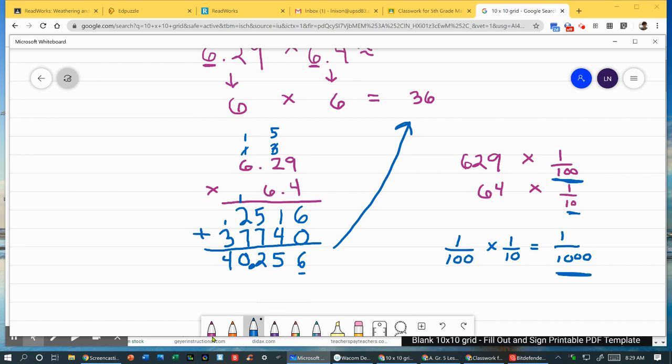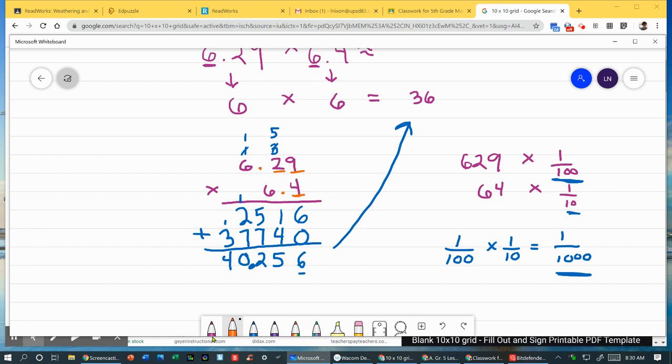The other way to check is to look at your original factors and count how many digits are to the right of the decimal point. So here's my decimal point right here in 6 and 29 hundredths. I've got 1, 2 digits to the right of the decimal point in this factor. For 6 and 4 tenths, I have 1 digit to the right of the decimal point.